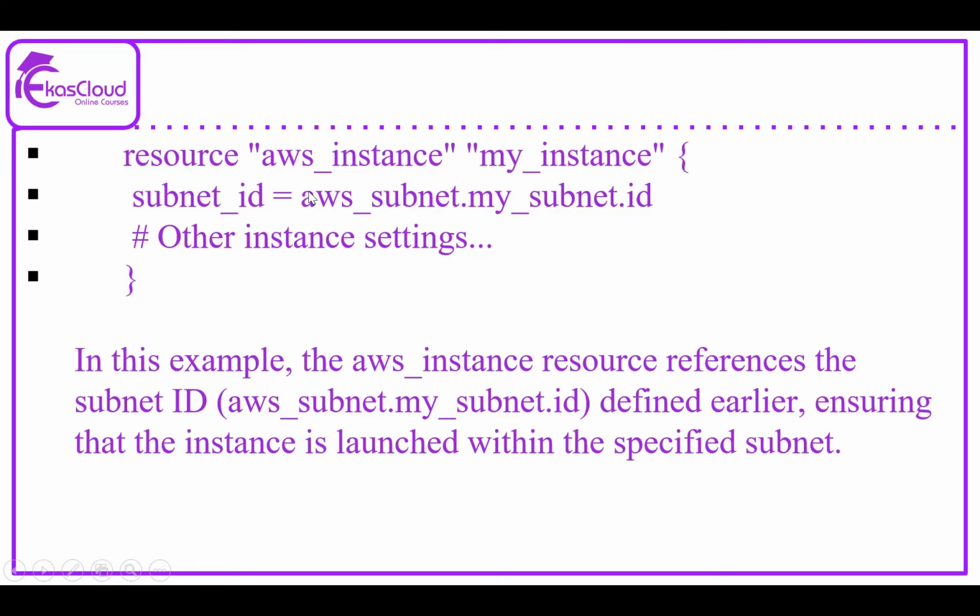Here I am cross-referencing aws_subnet with my_subnet.id. In this example, the aws_instance resource references the subnet ID defined earlier, ensuring that the instance is launched within the specified subnet.